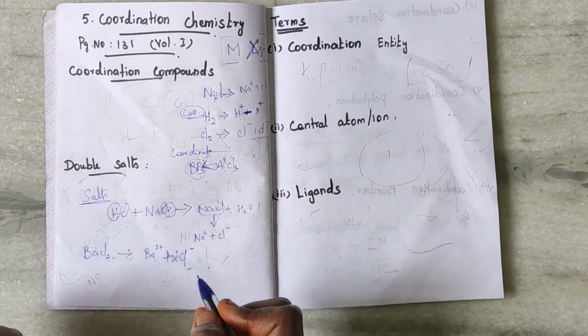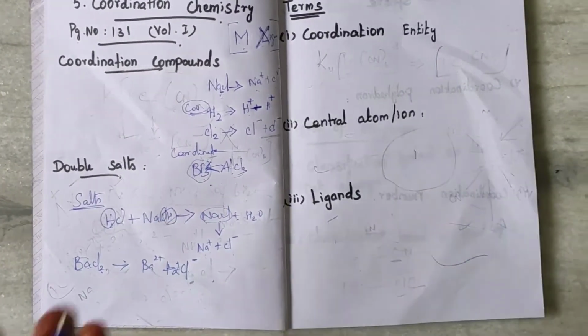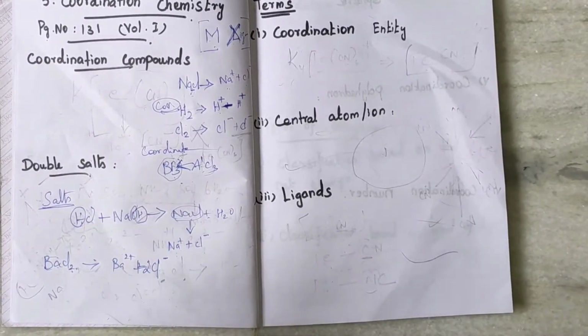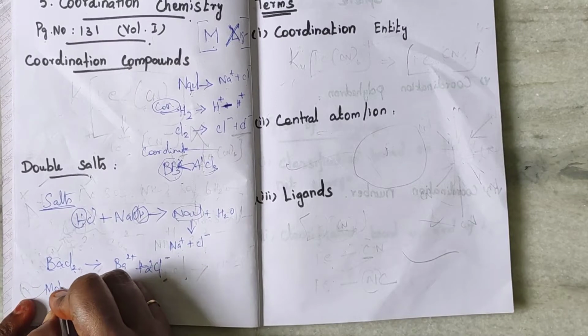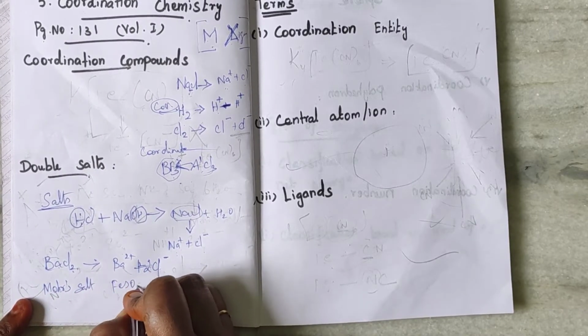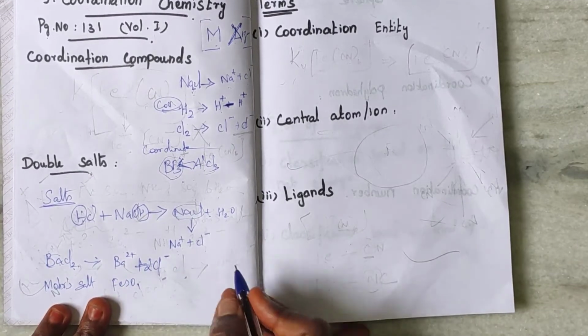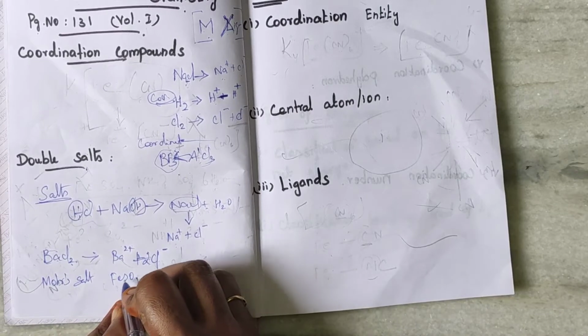Okay, double salt. What is a double salt? Two or more stable compounds combined.